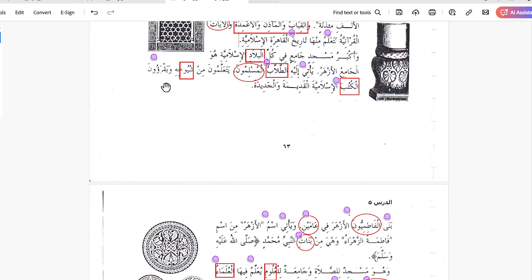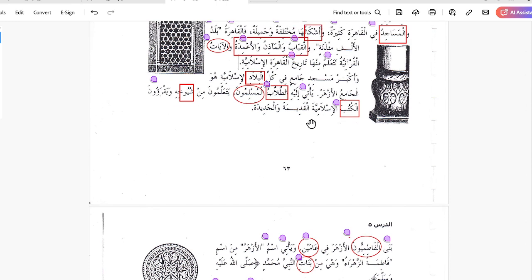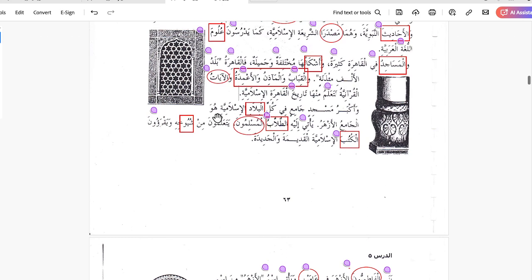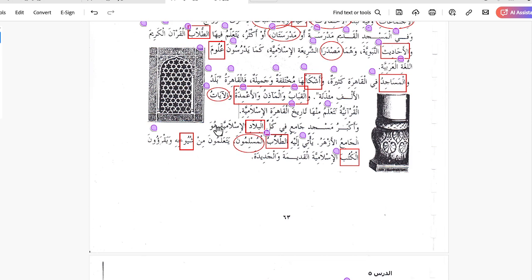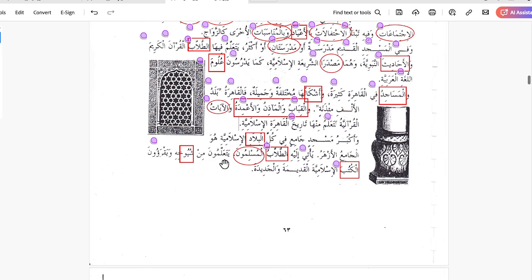Yata'allamuna min shuyukhin yaqra'una al-kutub al-Islamiyyata al-qadimata wal-jadidata. Ta'allama, yata'allamu we have studied just before. Yata'allamuna is the same thing.